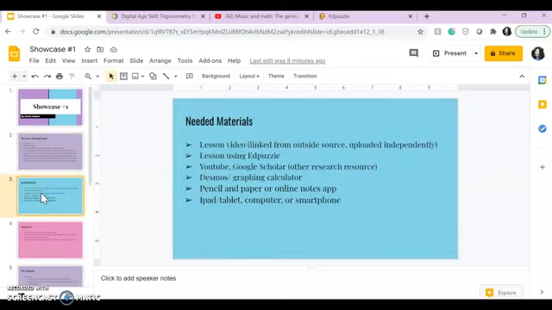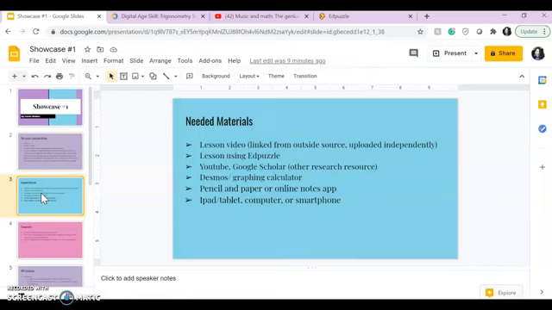So this is the lesson, what you'll need for the lesson that I would do this for. You can upload your own video of your lesson, or you can find a lesson on YouTube. I would use this using Edpuzzle, which is my tool of choice.